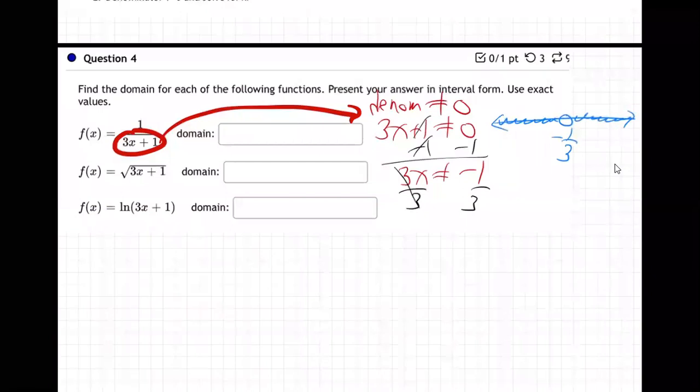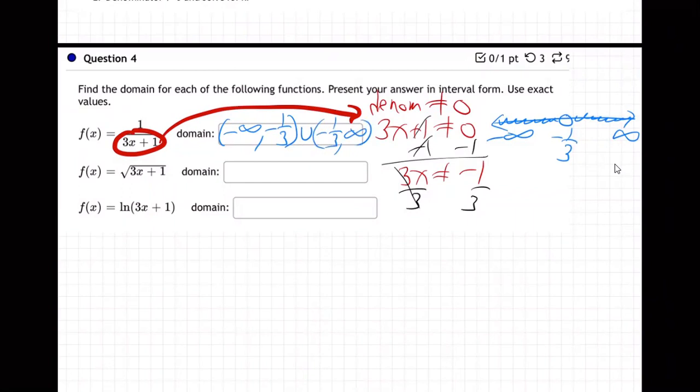You're saying everything except there's a hole drilled out at negative 1/3. So you can go from negative infinity up to negative 1/3 and from negative 1/3 to positive infinity. So you would say negative infinity up to negative 1/3, united, parentheses, with negative 1/3 to infinity.